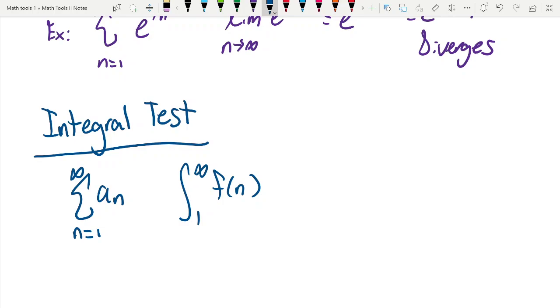Because integrals are, in a sense, infinite sums, right? They're the infinite sums of the area of each of those infinitely small rectangles underneath the curve. So these share the same bones, I would say.